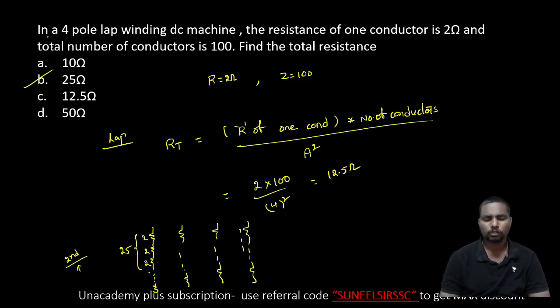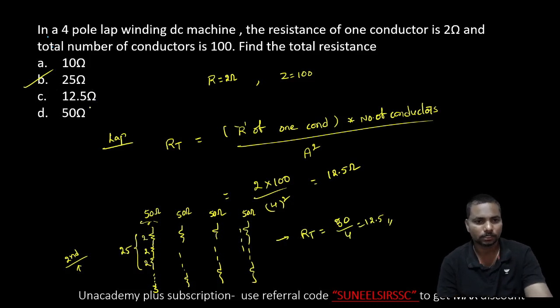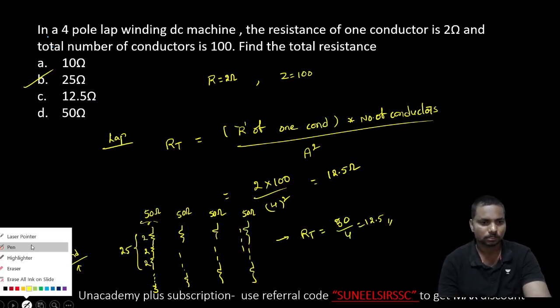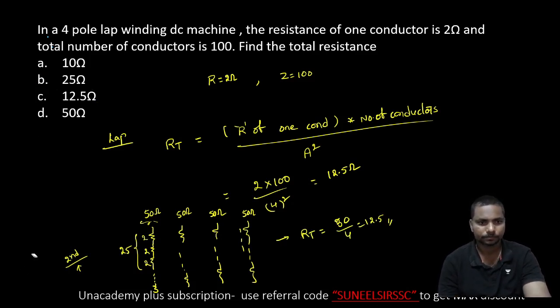So 25 into 2 is 50 ohms in each path, and all are in parallel. Then the total resistance is 50 by 4, that is 12.5 ohms. You can use any of the methods.